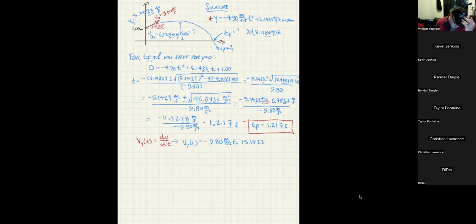Again, remembering that the 23 is not significant. So in order to find out at what time the thing reaches its max height, all I got to do is set the y velocity equal to 0.